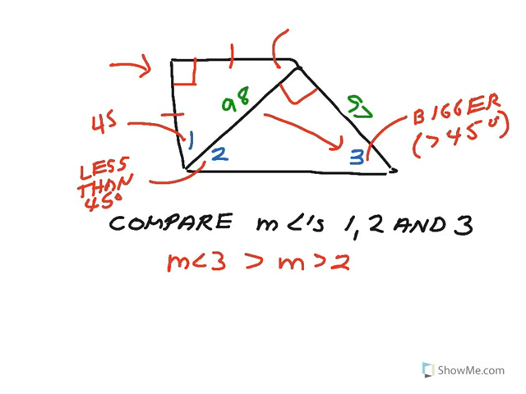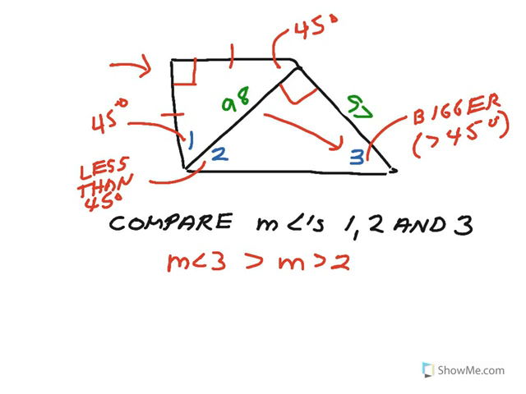Okay, so those are both exactly 45 degrees. So now I can compare angle 2 and angle 1. I see they share this common side that's 98, and opening up off of that, angle 1 is a bigger angle than angle 2.